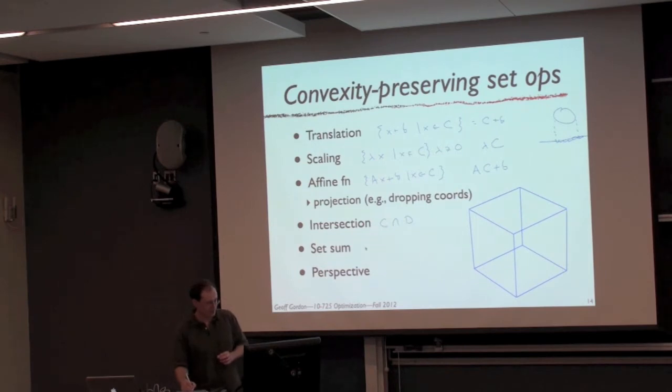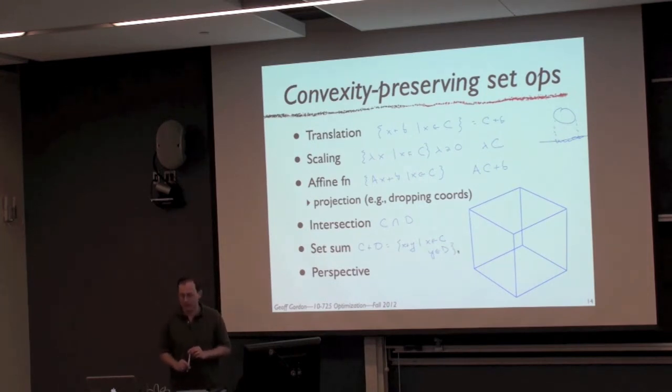Set sum, so we'll call that C plus D. That's x plus y, where x is in C and y is in D, right? So this is every way of choosing a point in one set and every way of choosing a point in the other, and then you add all of those together, right?